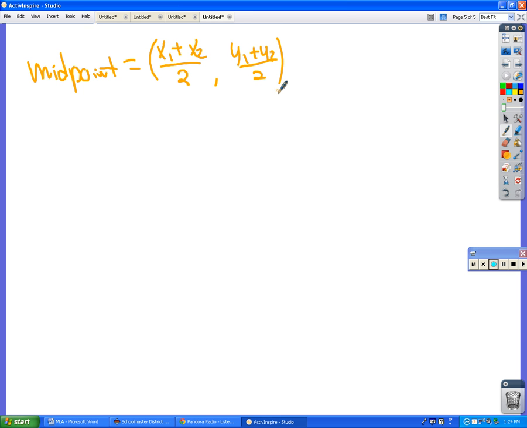All right, while we're on it, what's true about the slopes of parallel lines? Okay, so parallel lines have equal slopes. That's why they don't cross.